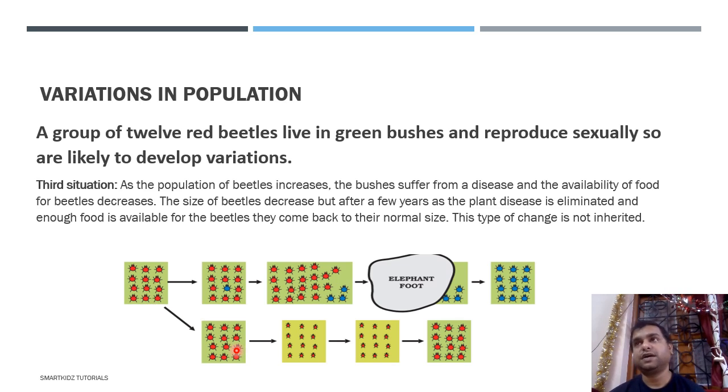then we consider a scenario wherein the bushes suffer from a disease. As a result, the food becomes less for these big fat beetles. When the food becomes less, or when we go on dieting, what happens?